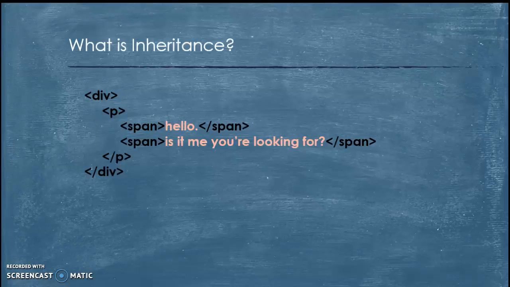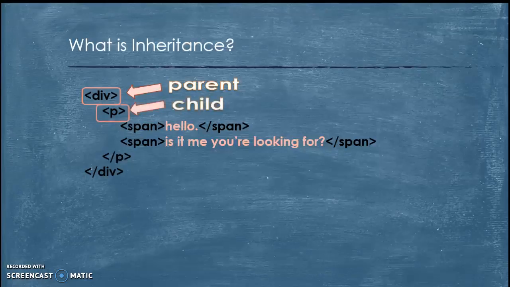This should be well familiar to all of us by now, but this is a hierarchy that could be related to a parent-child relationship. So the div in this case is a parent to the paragraph, which is its child. And if we expand it further, the paragraph would be a parent to the span, in this case, which is its child.